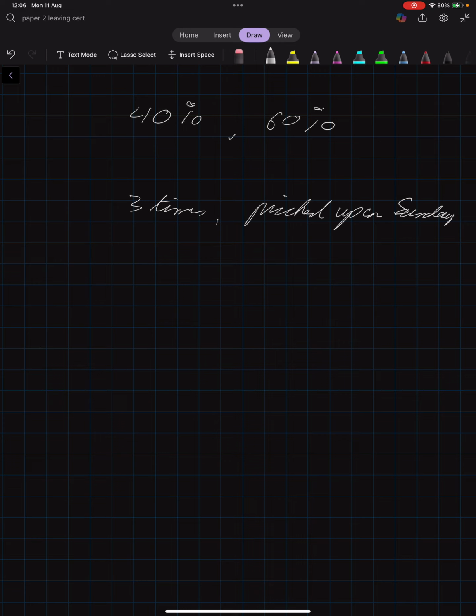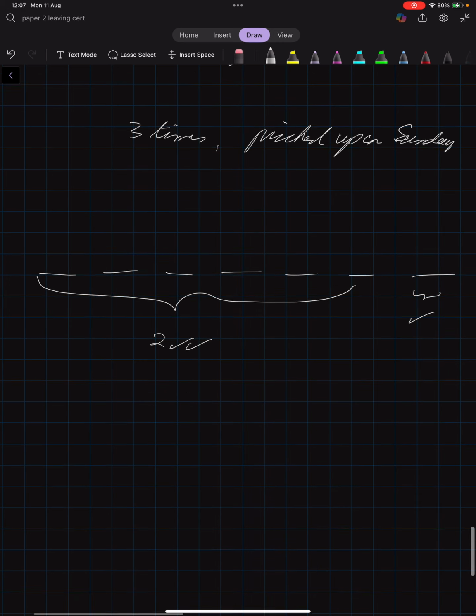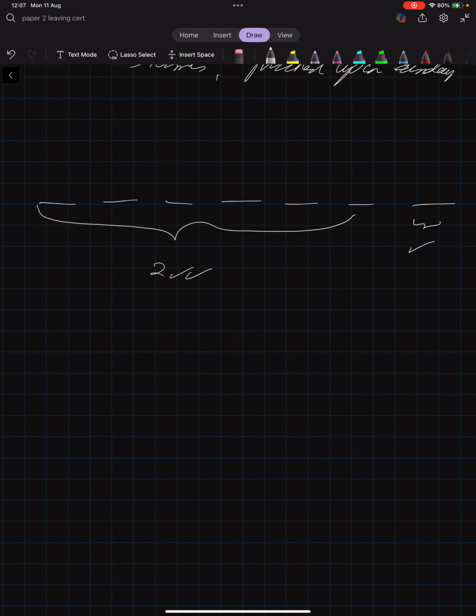Okay, so there's 7 things again. So you know here they definitely picked up. Grand. And I want to know that they picked up 3 times exactly. So 1 was on Sunday. That means that 2 times they have to pick up on Monday to Saturday. So what I want to know is, what's the chance that they pick up exactly 2 in 6 times?